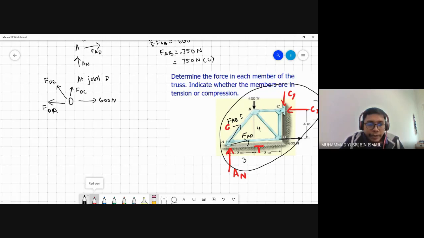You have FDA and you need to find FDB and FDC. Now I want you to try to create the equation for FDC and FDB.